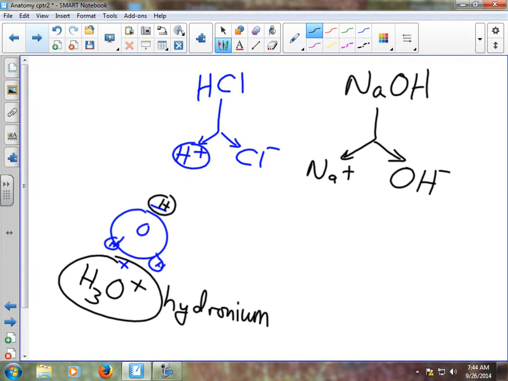It's called a polyatomic ion. It's got more than one atom. So I've got a hydroxide ion, and look at what this is going to do. I've got my little hydronium conglomeration over here. I've got something positive right there. I've got something negative. What's it going to do? Make a prediction.